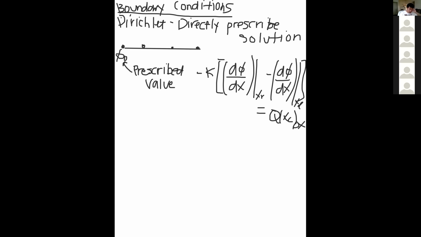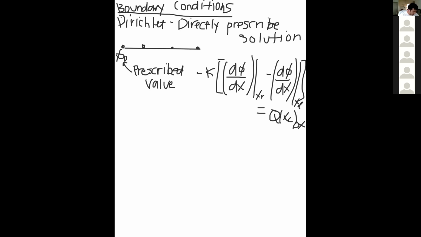This was a few steps down after we performed the integration, right after we applied the divergence theorem on our equations. Actually, this is after we applied the trapezoidal rule, so we had already done the divergence theorem and the trapezoidal rule.